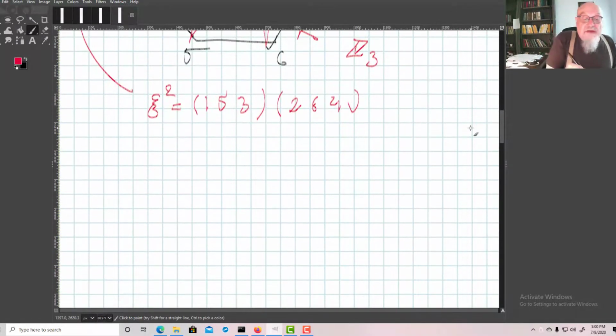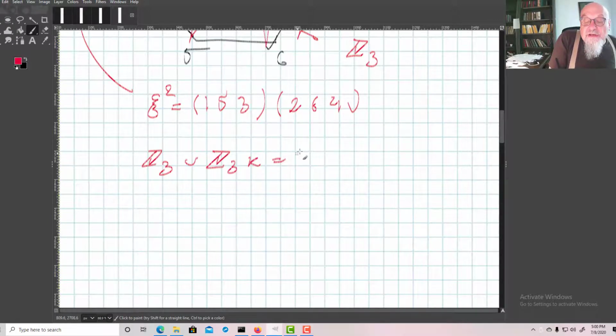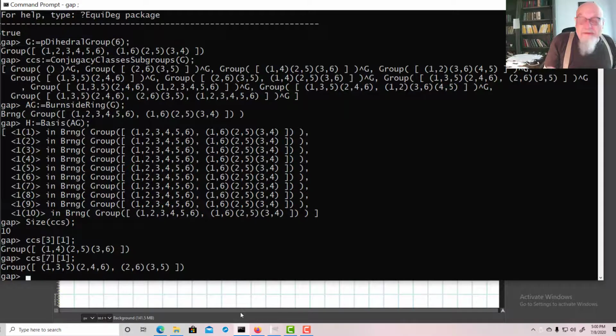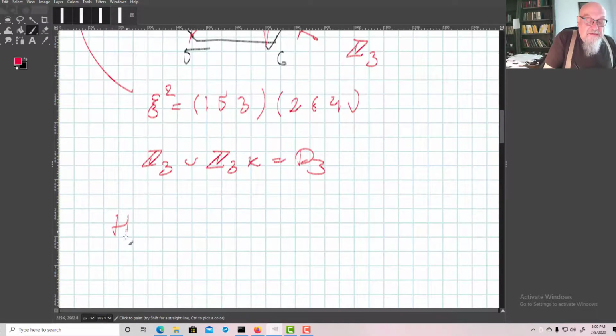So in such a case, this group contains Z3 and also kappa, which gives you D3. So yes, I know this element. Which one is it? It is the element number 7, H7, and that is exactly D3. So we got it.